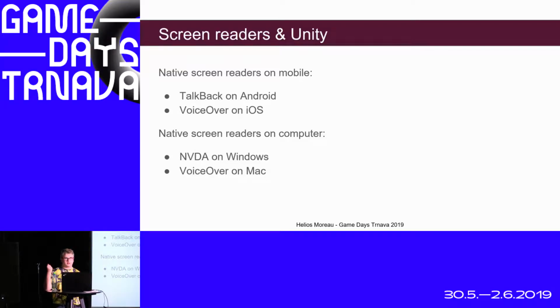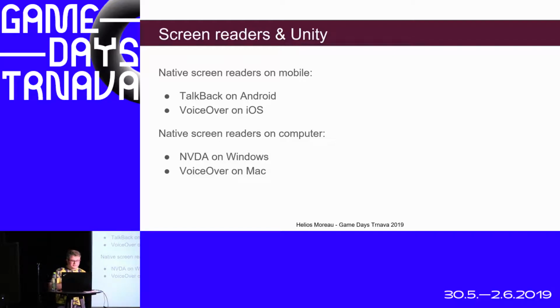So for example, a double tap with 2 fingers is pausing a game. This magic gesture is the same for Android and iOS, but not all of the magic gestures are the same for TalkBack and VoiceOver. So if you are designing for screen readers, it's something you have to keep in mind.